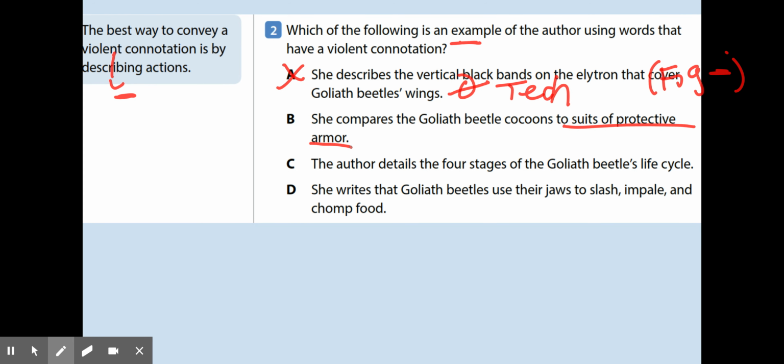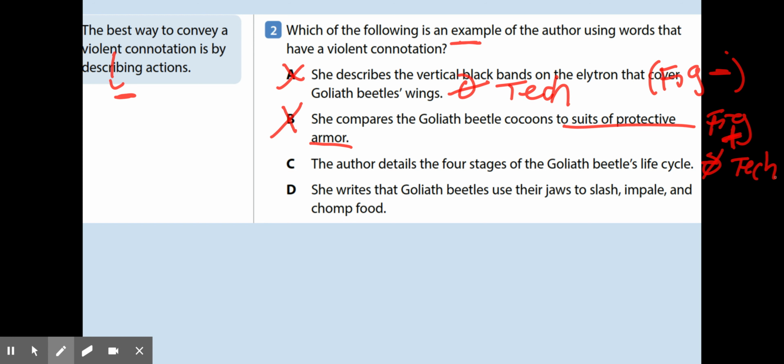We already said that when she compares, she uses a simile, which is figurative. And here it was positive. Anything that protects you is something positive, so that can't be my answer, especially if I'm looking for something negative. C says the author details the 4 stages of the Goliath beetle's life cycle. Okay, she does detail that, but that is very neutral and technical for the most part.